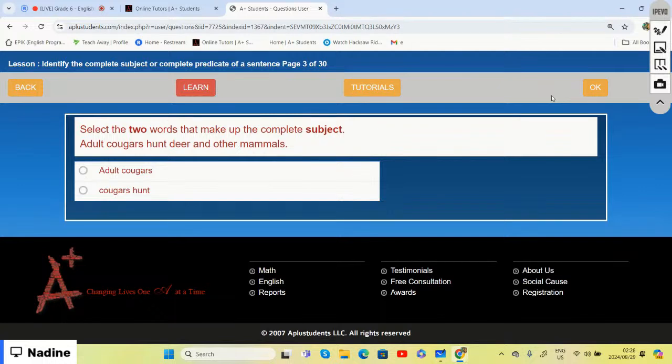It says adult cougars hunt deer and other mammals. If we look at the two words that make up a complete subject, is it adult cougars or cougars hunt?